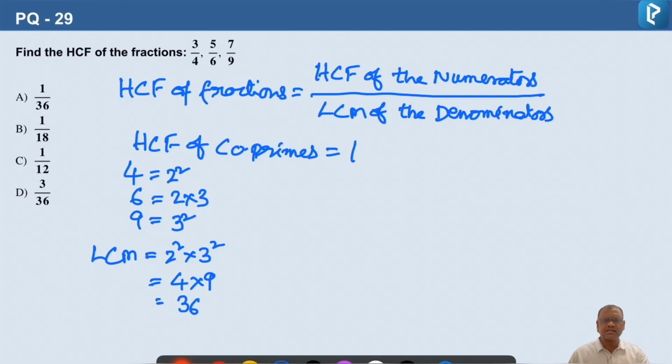LCM is 36. HCF is 1. So what is the fraction here? HCF here is 1 by 36. So this is the HCF of the fractions, 1 by 36. Answer is option A.